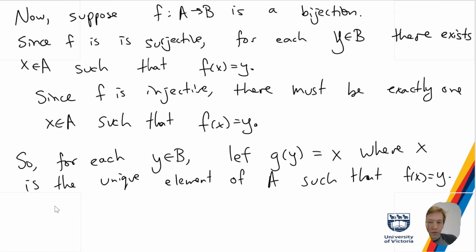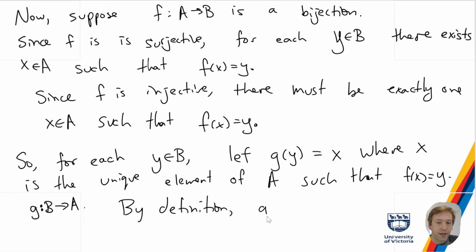Note here that we're thinking of g as being a function from B to A. Then by definition of g, we get that g composed with f is the identity on A, and that the composition of f and g is the identity on B.